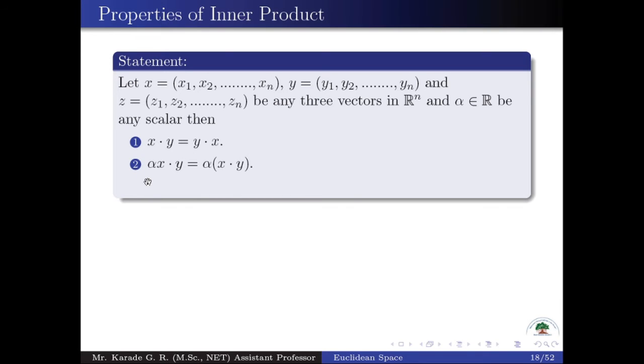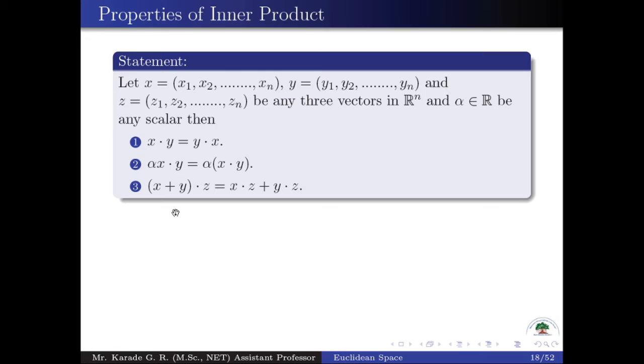Now the second is the inner product of alpha x with y is equal to alpha times the inner product of x with y. The third thing is the inner product of the vector addition x plus y with vector z is equal to the inner product of x with z plus the inner product of y with z.